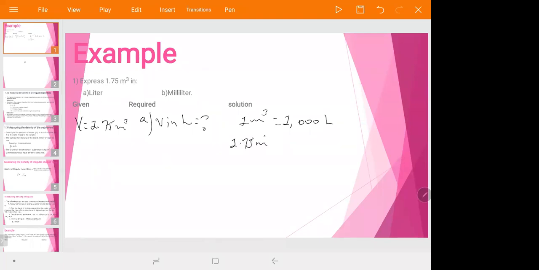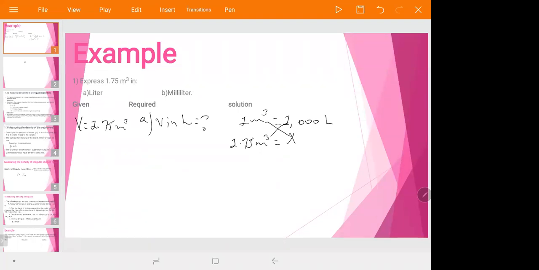Therefore, what about 1.75 meter cube when we express it by a letter? You can represent it by a variable or a question mark. Let us symbolize it by x.